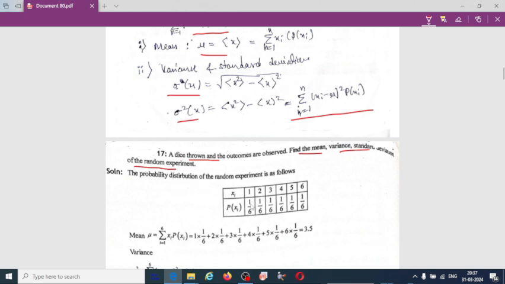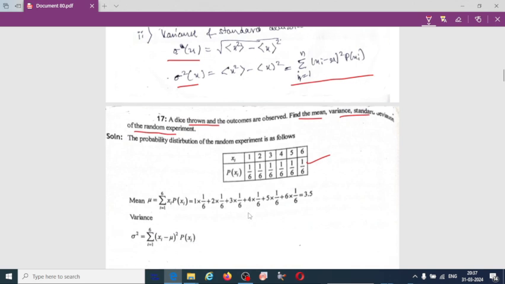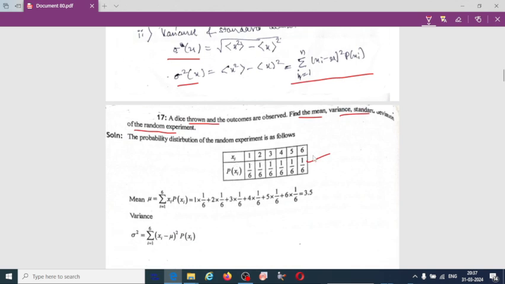So 6 outcomes. The probability of getting each face is 1 by 6. So p of xi is 1 divided by 6 for all the 6 events or 6 faces on the dice: 1, 2, 3, 4, 5, 6.